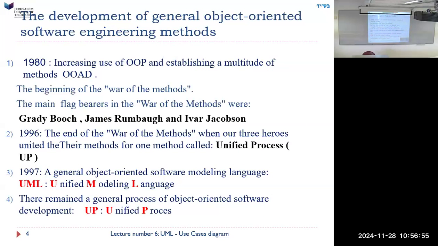So this is just about where UML came from. This is a kind of history. The development of general object-oriented software engineering. In the beginning of object-oriented design, which means design with classes, for example. Right before object-oriented, you just wrote functions.